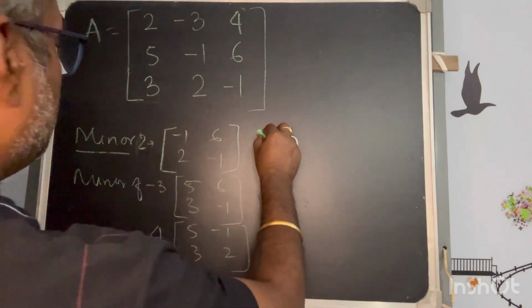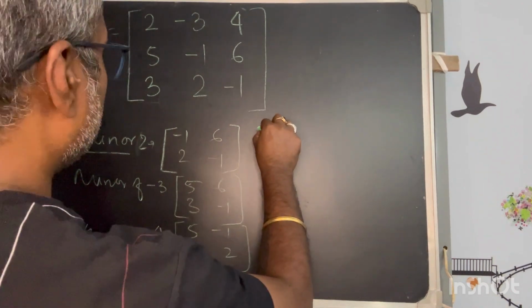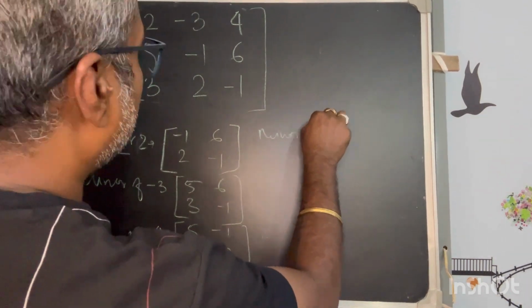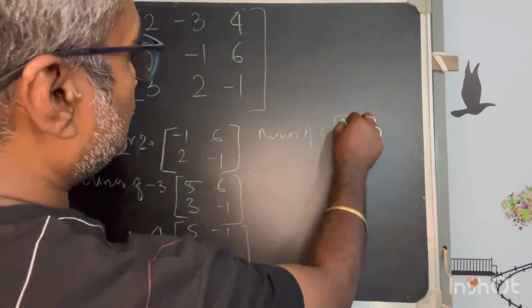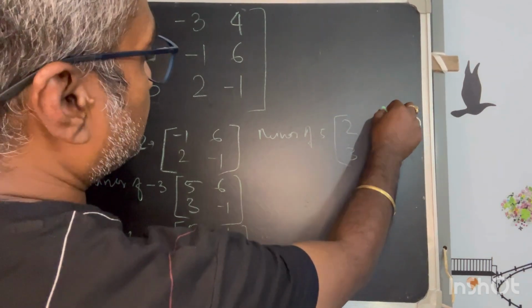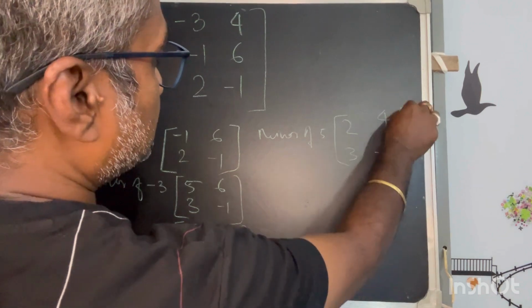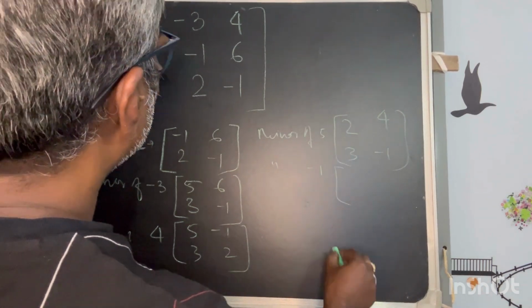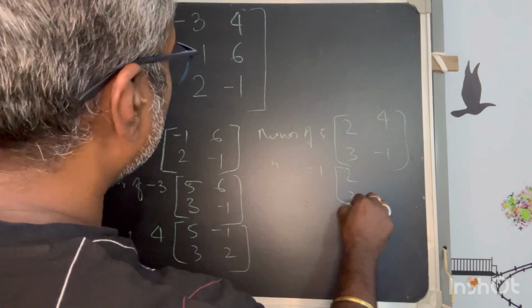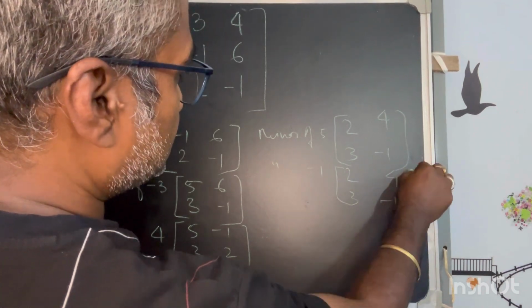Then the minor of 5 is 2, 3, 4, -1. The minor of -1 is 2, 3, 4, -1.